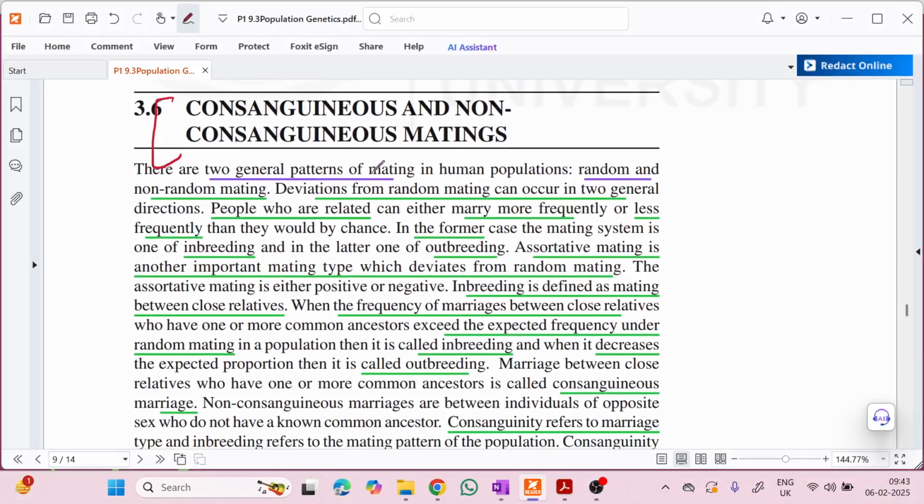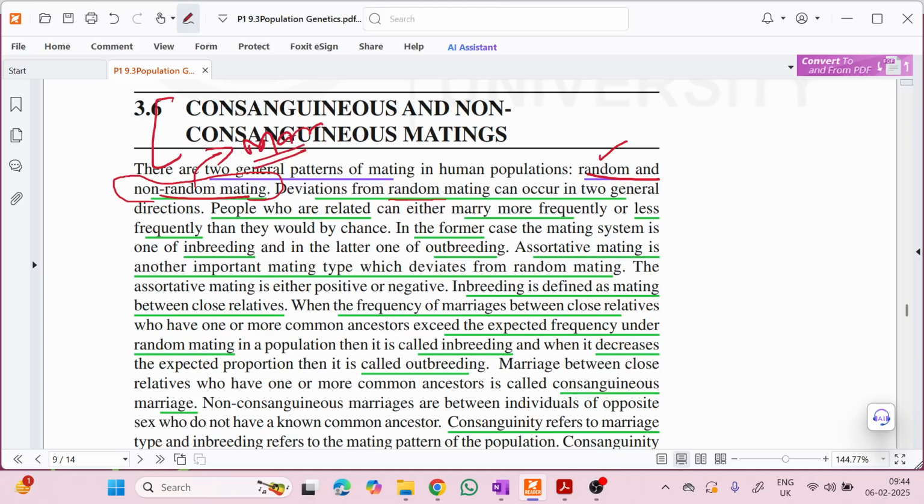There are two general patterns of mating in human populations: random and non-random mating. Random mating means you do not take into account any criteria for producing children, and children are produced randomly. Non-random means you have certain criteria, certain obligations, certain objections, certain preferences, and the marriage pattern is there for that.